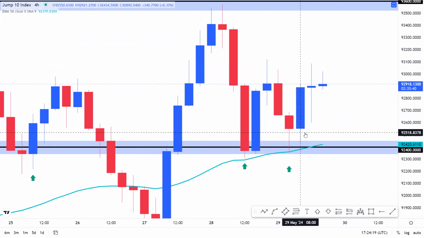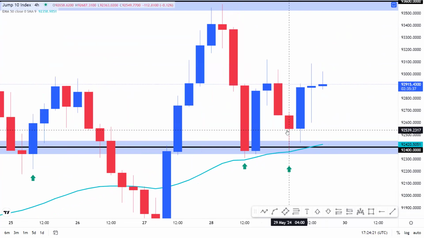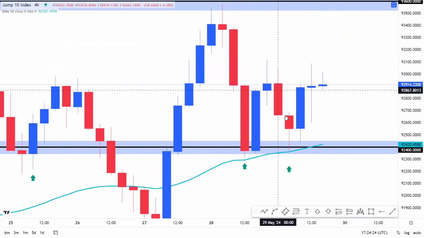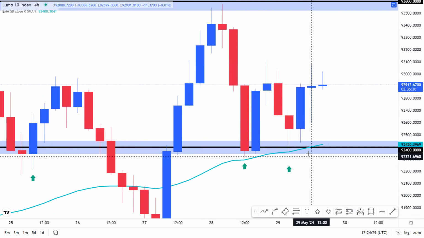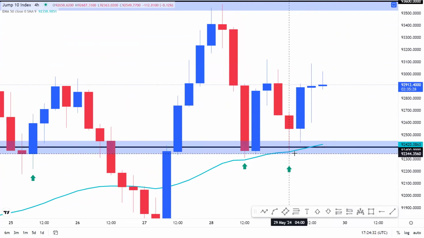This clearly indicates that price was pretty much selling to the downside, and the sellers succeeded in pushing price to these lows right about here. And then, of course, because this is very much a buyer's zone, and there are buyers present at this zone readily available to move price back to the upside, we're clearly seeing a confirmation candlestick of the potency of this level, being a seller's rejection candlestick.